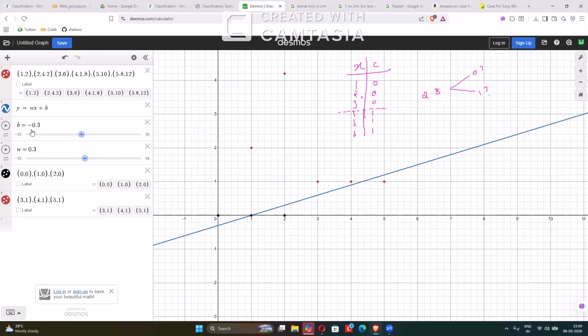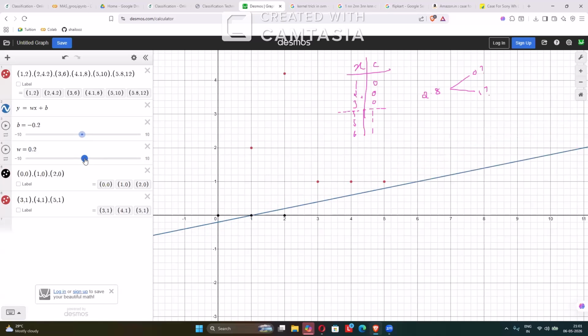The line could be minus 0.3, plus 0.3, right? You're trying to draw a line which is classifying the data into two.